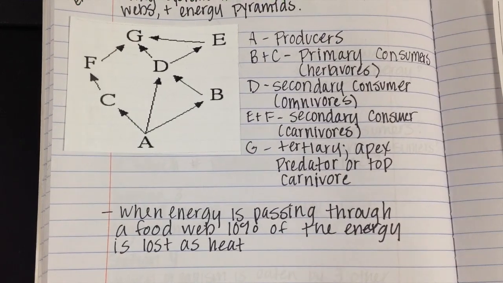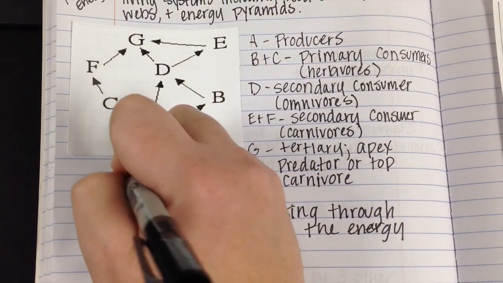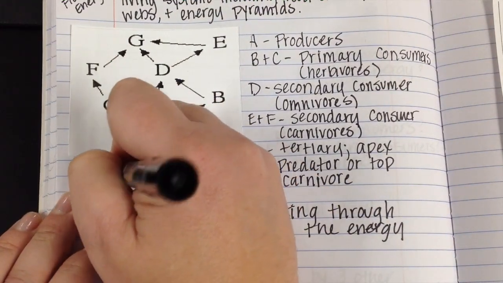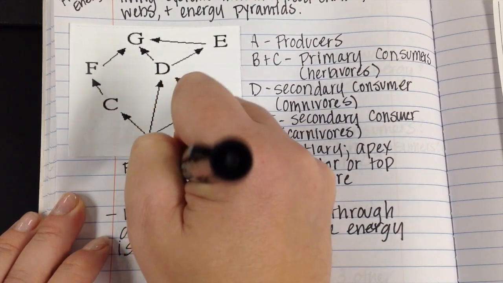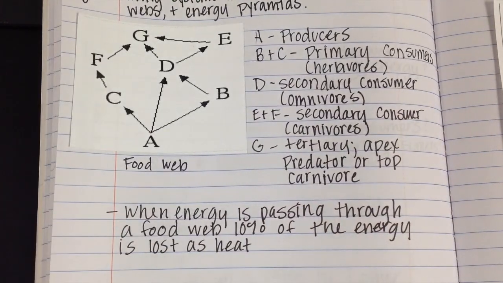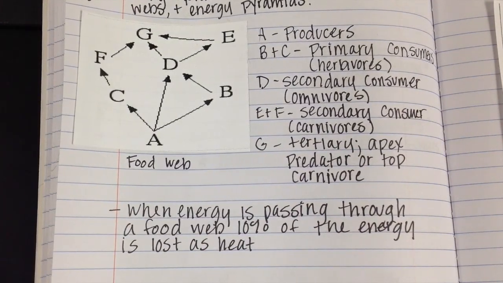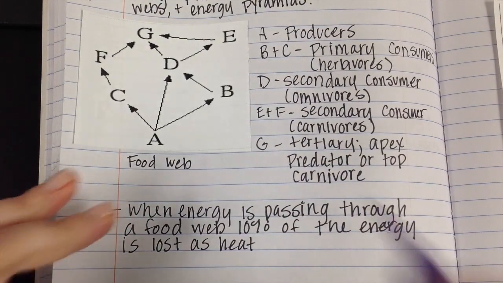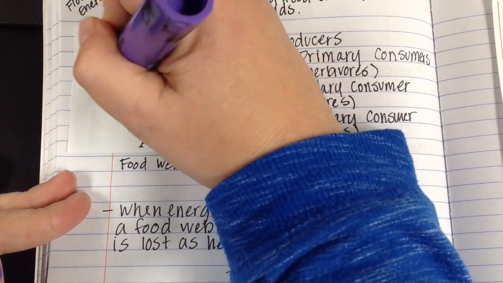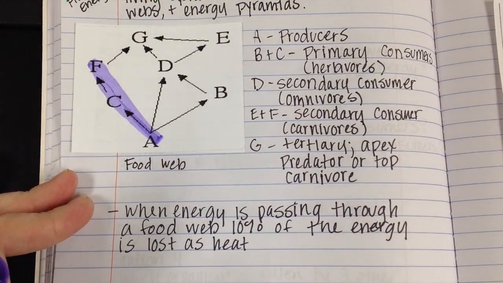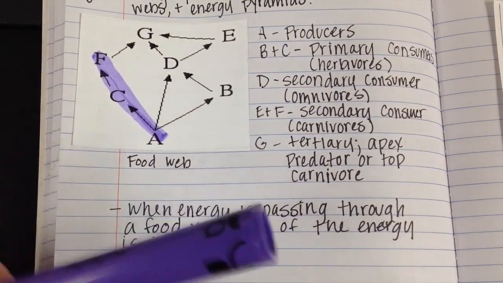Okay, remember, this was actually a food web and a chain would be something like this. Okay, a chain is just one section.